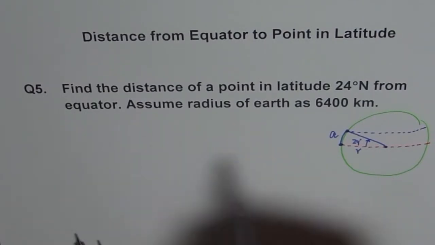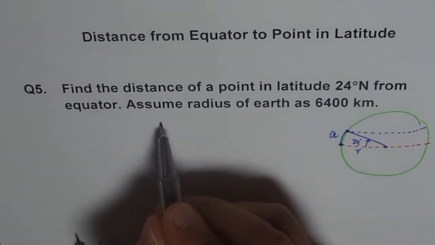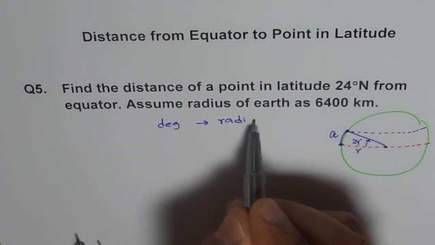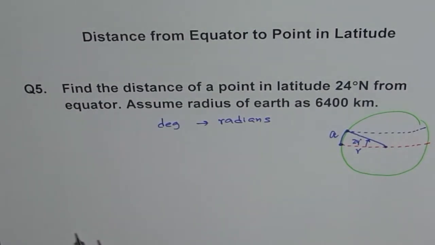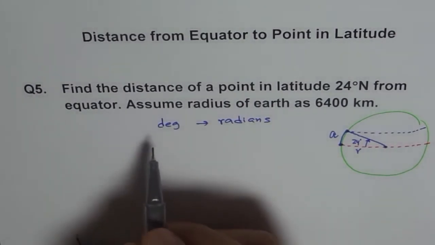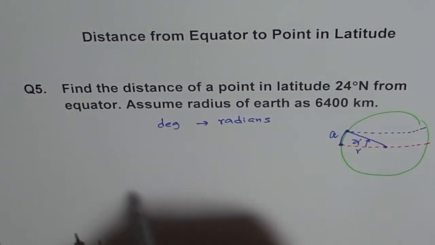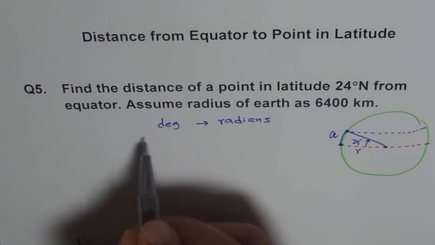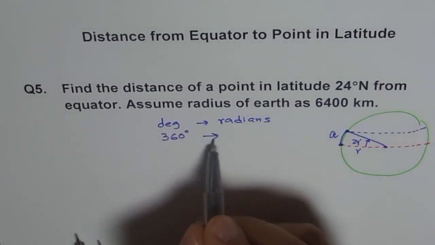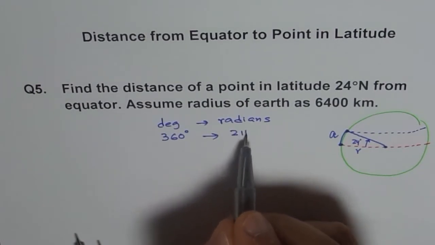So how to convert degrees to radians? You can also see my video on converting degrees to radians, but here we'll do it in short. When we have one full circle, we have 360 degrees, and a 360 degree full circle is 2 pi radians.